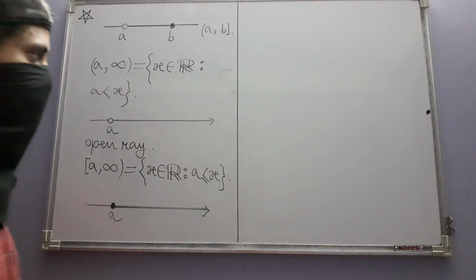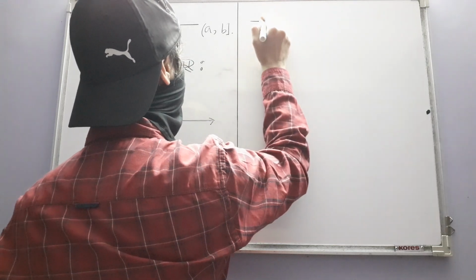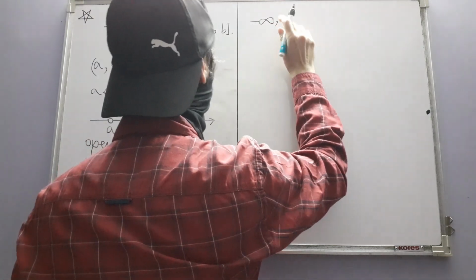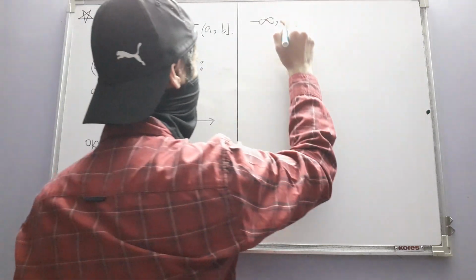So the other two will be, of course, this. One of them is this. If you want, you can write A here, or if you want, you can write B. It does not really matter.